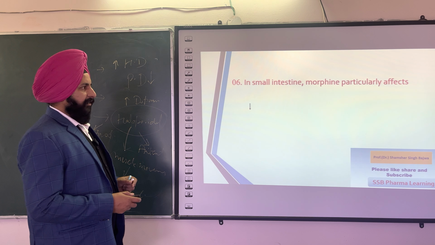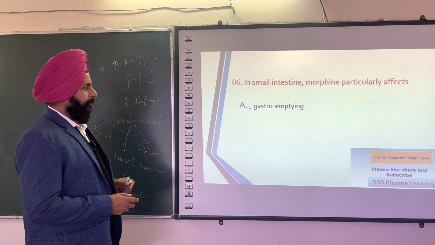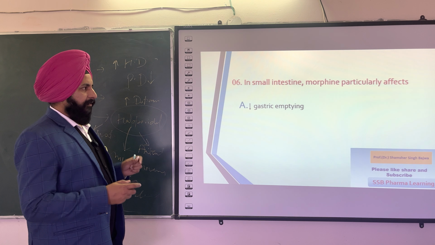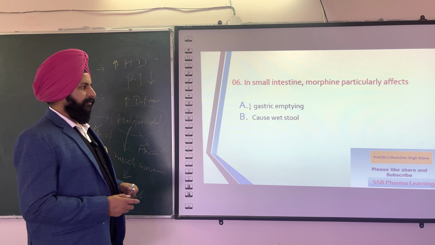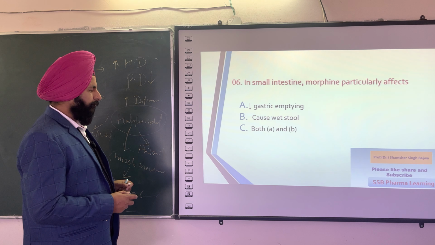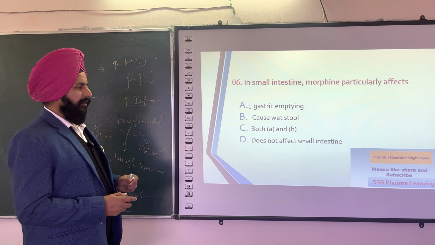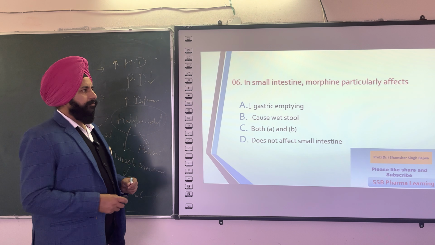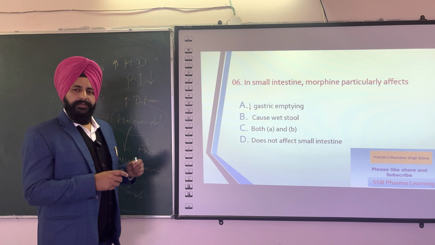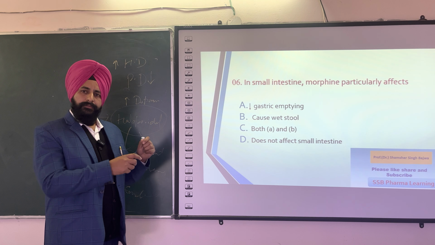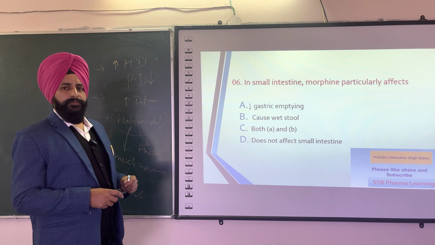In small intestine, morphine partially affects. Morphine reduces gastric emptying, causes wet stool, both A and B, does not affect small intestine. So you choose for the person who takes morphine or opium, what is the effect of afim or opium on this? Of all these options, which one is right?